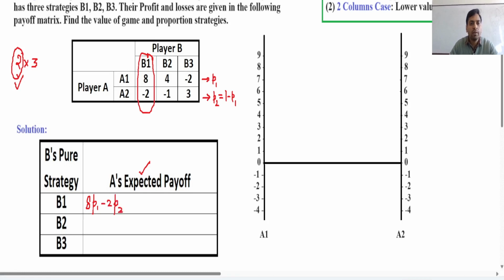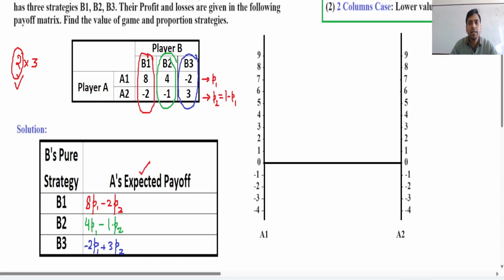So this is for the B1 strategy with respect to the A1 and A2 strategies of player A. And for the second one we will write this combination: 4 into P1 minus 1 into P2. And the third strategy B3, this combination is minus 2P1 plus 3P2.